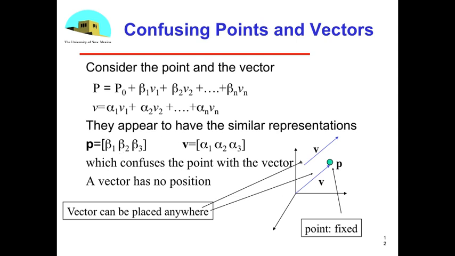But if you go back to the little picture of the affine space, the origin's right here. So this vector, alpha 1, alpha 2, alpha 3, could be here, it could be here, it could be anywhere as long as it has the same direction and magnitude, no problem. But this point belongs in only one place because a point has a position. We'll see some more examples of that later, and we'll see a way that will always get you around that problem.